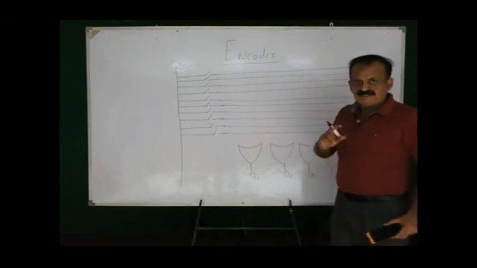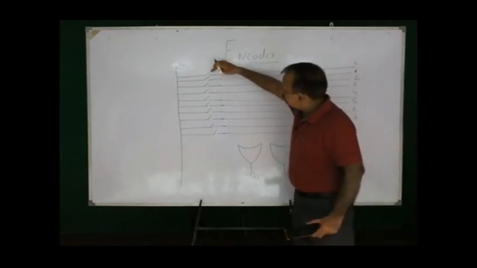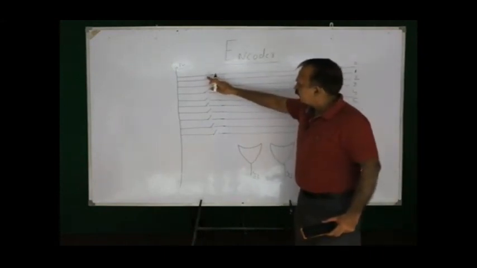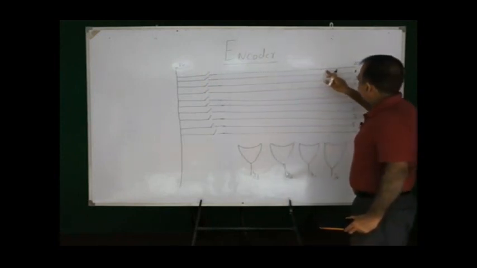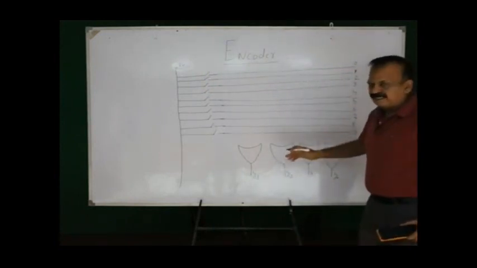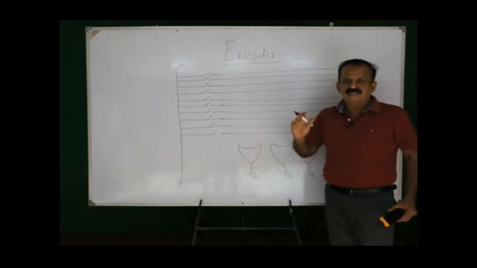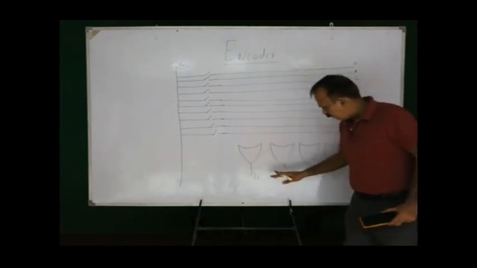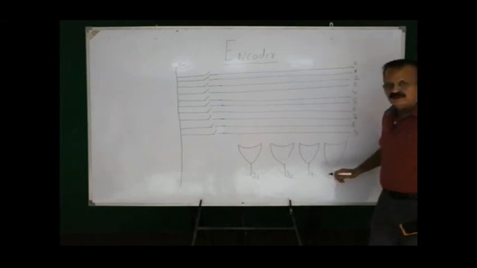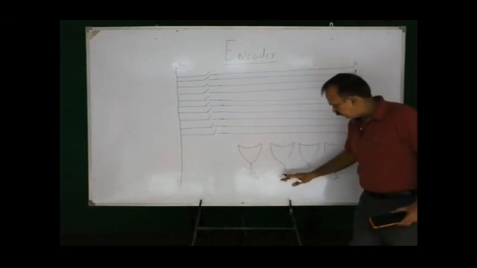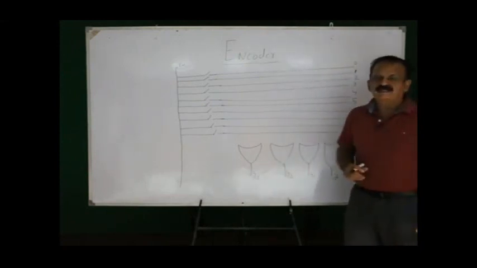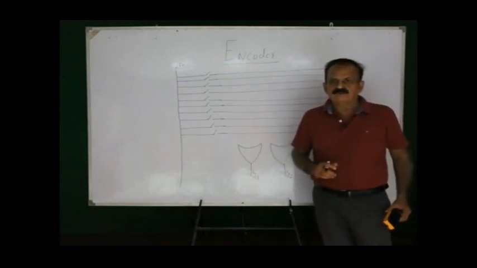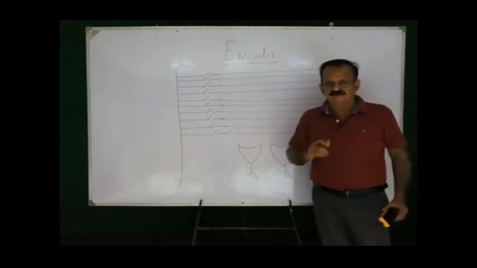I am repeating: if I press this button, there will be current in the horizontal wire representing 0. This won't be connected to any of the OR gates, so the output of all the OR gates will be 0, or the output will be 0 0 0 0, that is the binary equivalent of the decimal number 0.